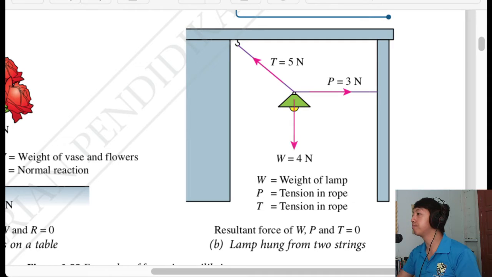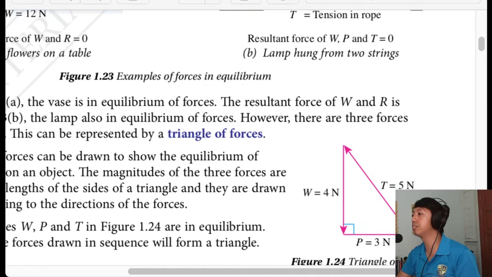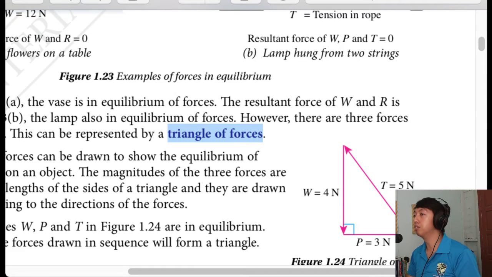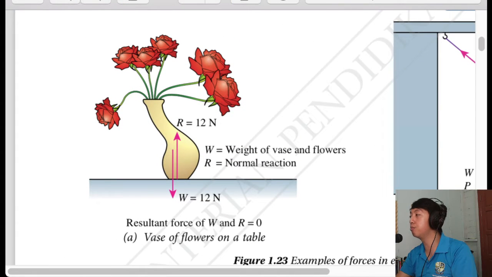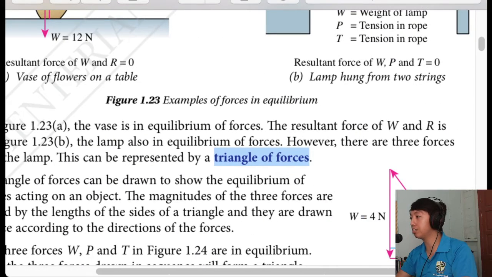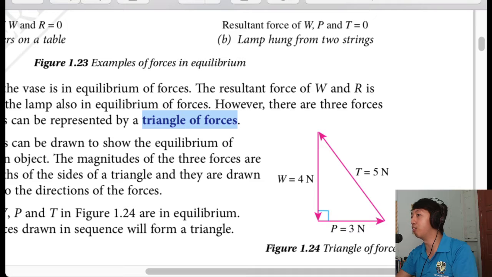So for this one, we use something called a triangle of forces. If we just have two forces, then we can just use a normal diagram, up and down or left and right. When we have three forces to consider, then we have to draw a triangle of forces like this one.